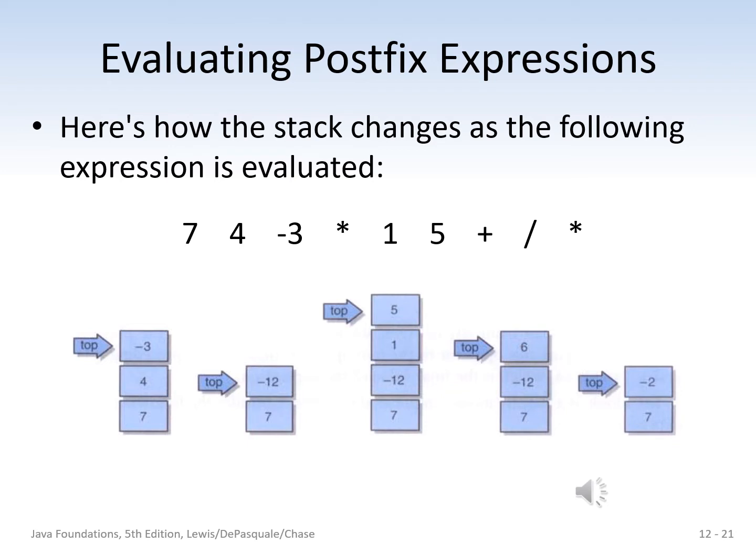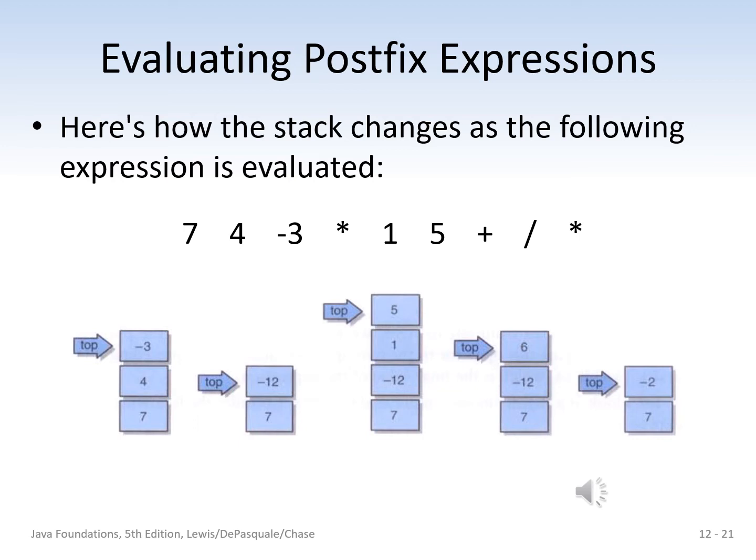And then a plus sign, which is addition. We will pop the 5 off, the 1 off, add them together. The result will be 6, and we will push the 6 back onto the stack. Then we have another operation, slash. So we're going to pop a 6 and a -12 off.